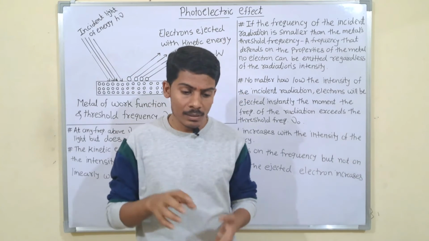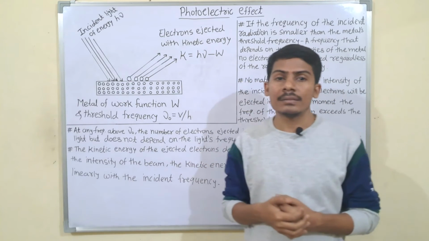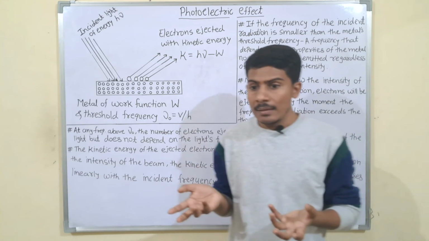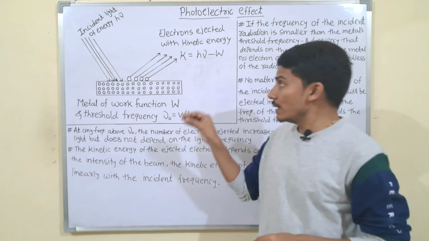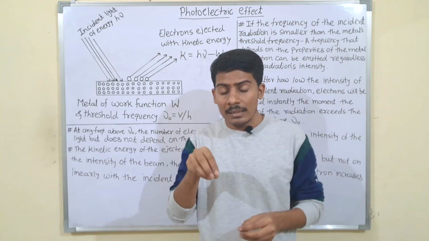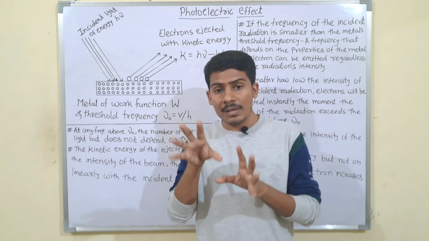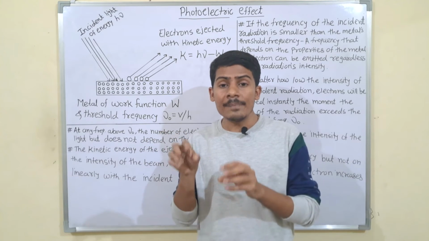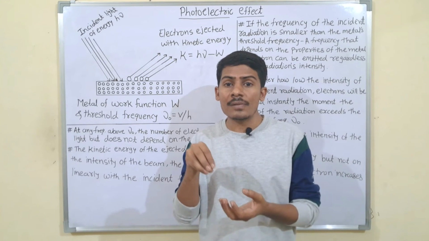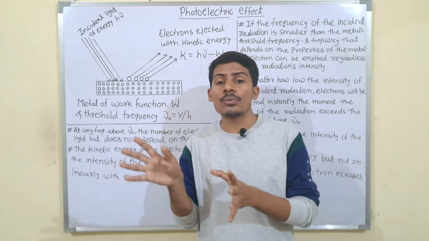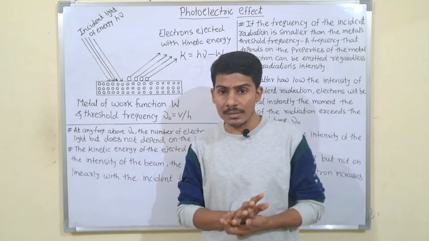If we consider this experiment with weak intensity of light, then what happens? If the intensity is weak, but the frequency exceeds the threshold frequency of that metal, then even though the intensity of that light is weak, emission of electrons from that metal is successfully done, because ejection depends only on the threshold frequency.